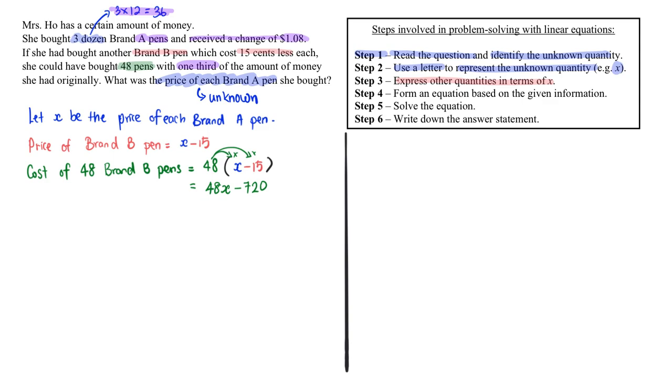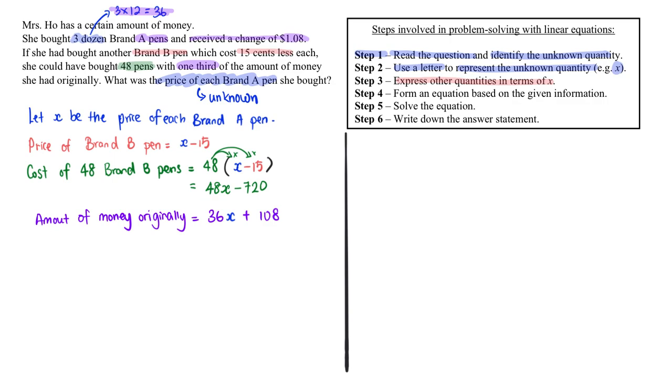Okay, that one will be in purple. So the amount of money originally is 36 times X, and yet I will have a change of $1.08, which translates to 108 cents.